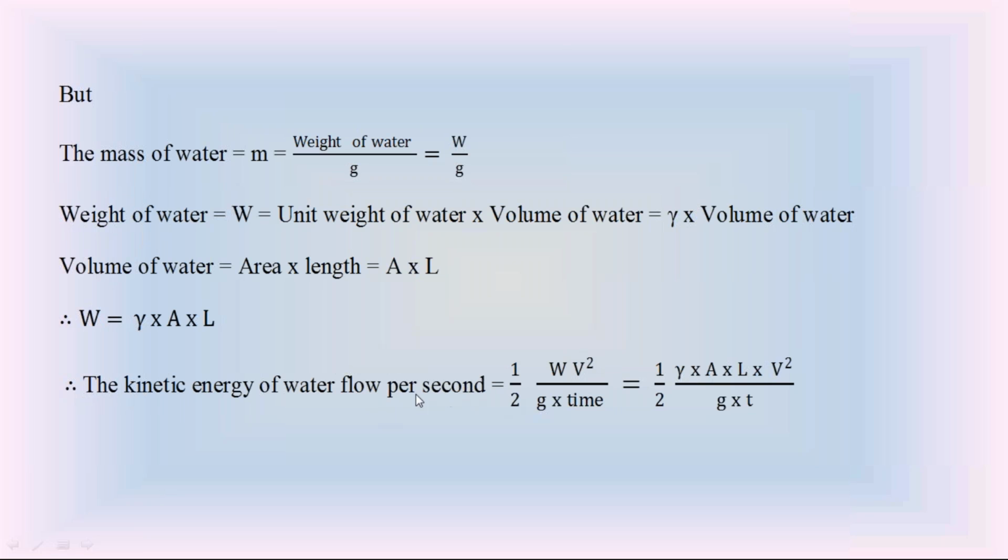Please follow this. The kinetic energy of water flow per second is equal to half mv square by time, but mass m is equal to weight by acceleration due to gravity.